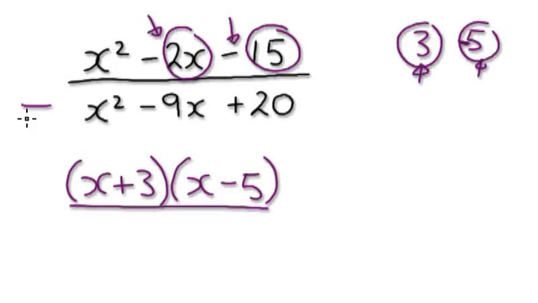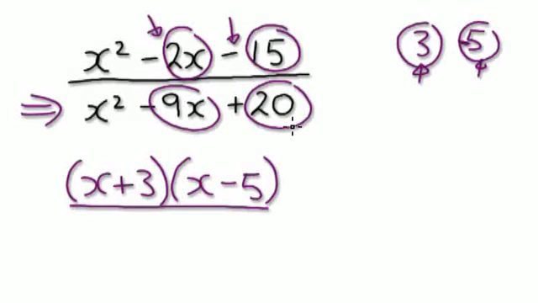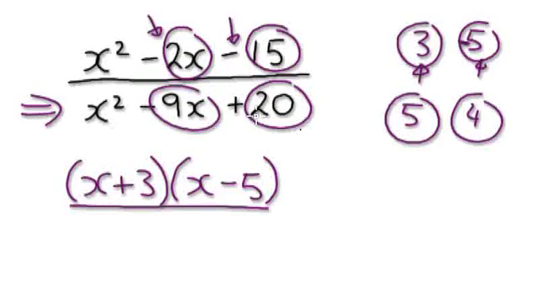Okay, and then the bottom one, you have to be able to create the 20, and you have to be able to create the minus 9x. Just concentrate on the 20. A 5 and a 4 pops up in my mind. And now to create the minus 9, I'm going to need minus 5 and minus 4.